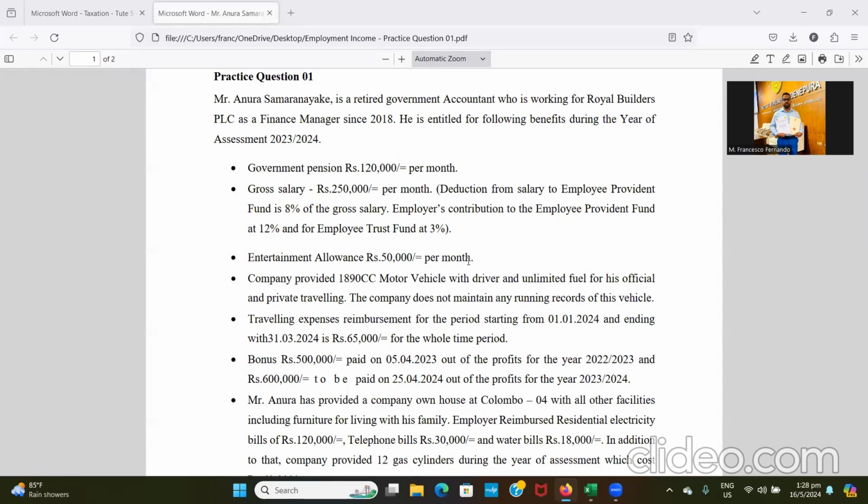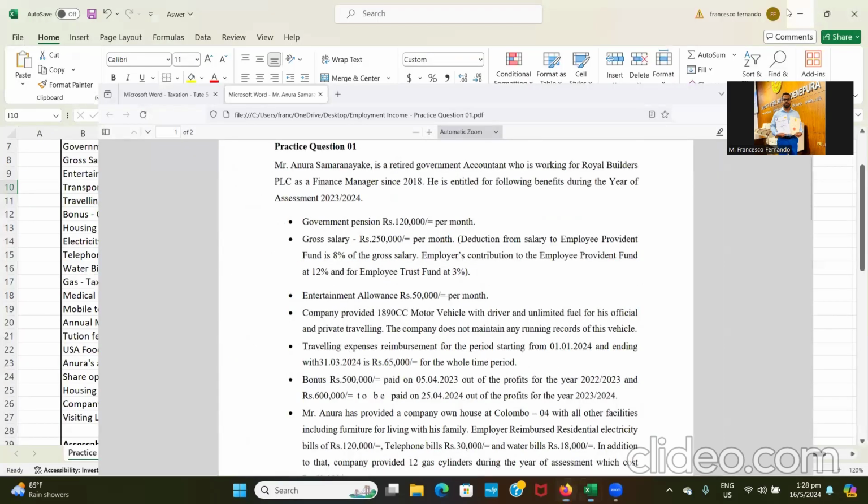Now this traveling expense reimbursement is for the period from 1st 2024 to 31st March 2024. So it means we have 3 months, right?